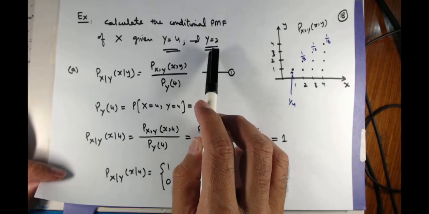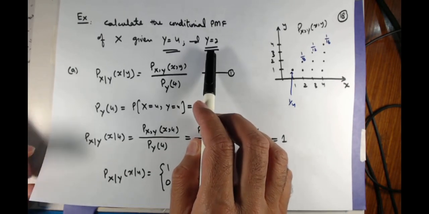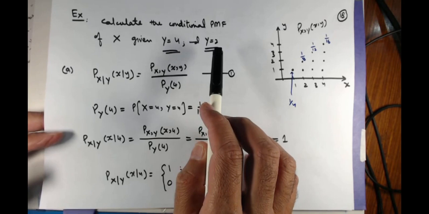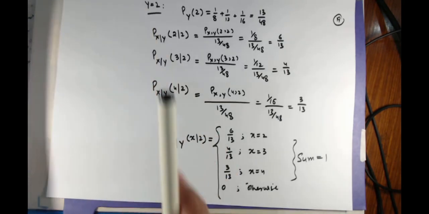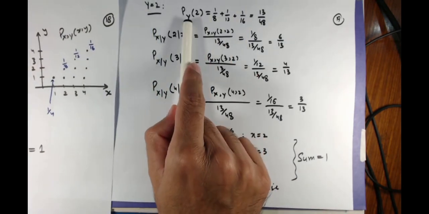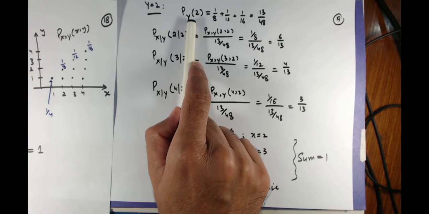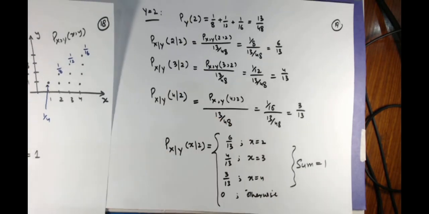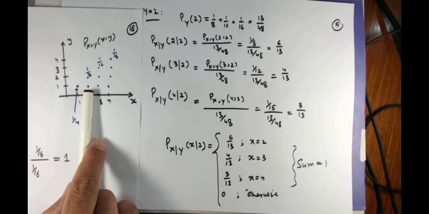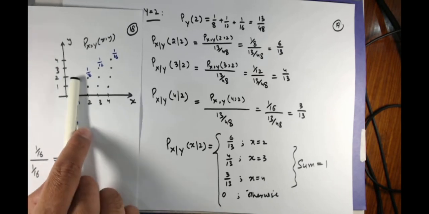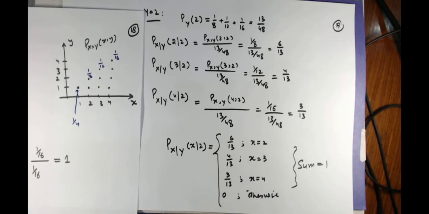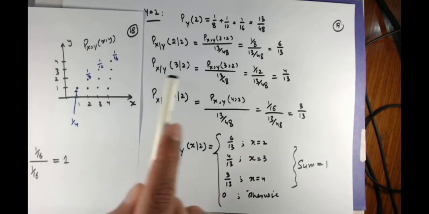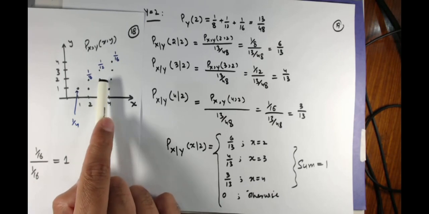All the probability 1 should go to this particular point, and we can safely see that this is true. Then we moved on to this second case where y is equal to 2. So we want to find the probability of x given y is equal to 2. First we have to find the PMF of y is equal to 2 as a common denominator. When we take y is equal to 2, these 3 points intersect with x: 1 by 18, 1 by 12, 1 by 16.